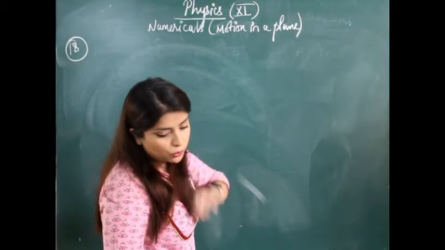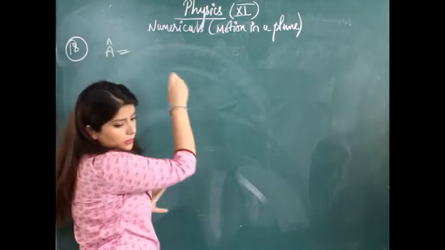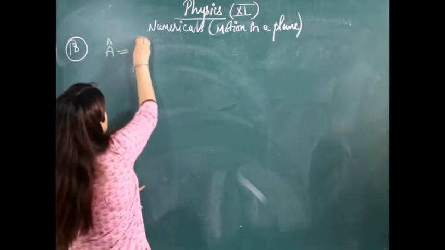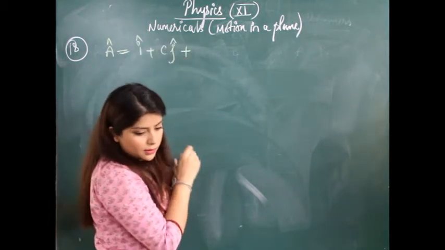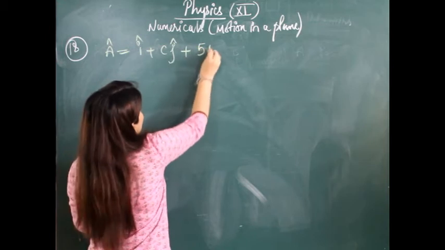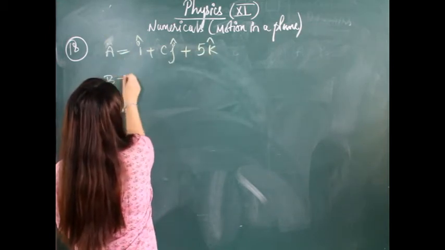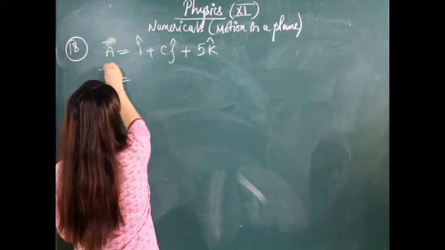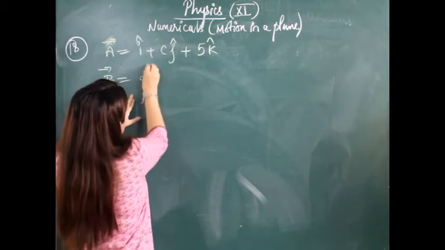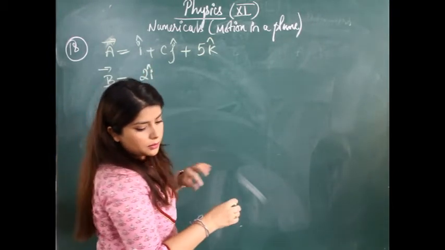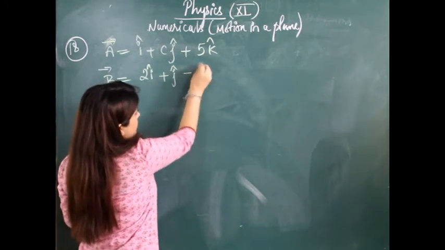So there are two vectors: A is i plus Cj plus 5k, and B is 2i plus j minus k.